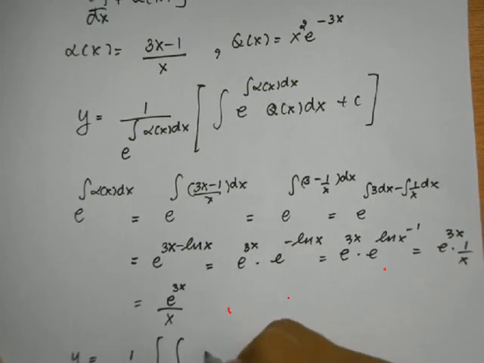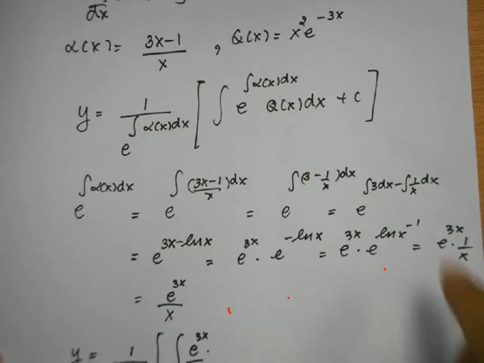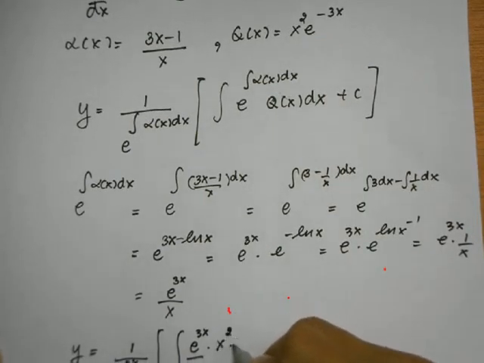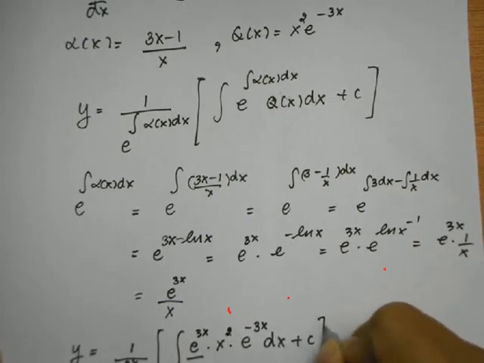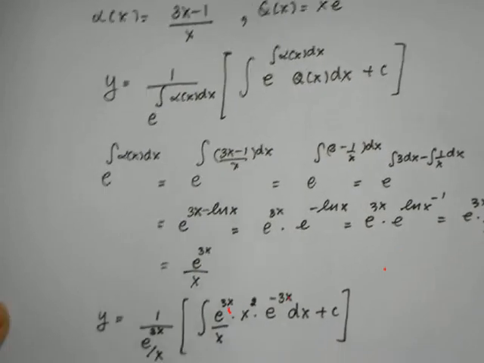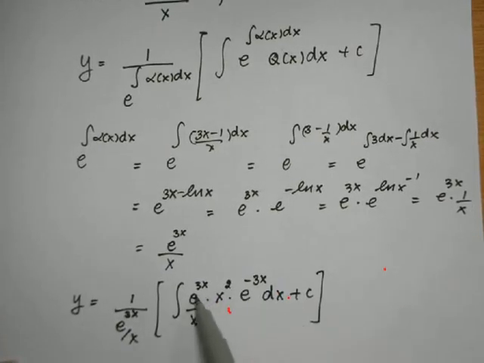Times the integral of exponential of 3x over x times q(x), which is x squared times exponential of negative 3x, dx plus c. You have exponential of 3x times exponential of negative 3x, and these two terms multiplied together equal exponential of 0, which is equal to 1.